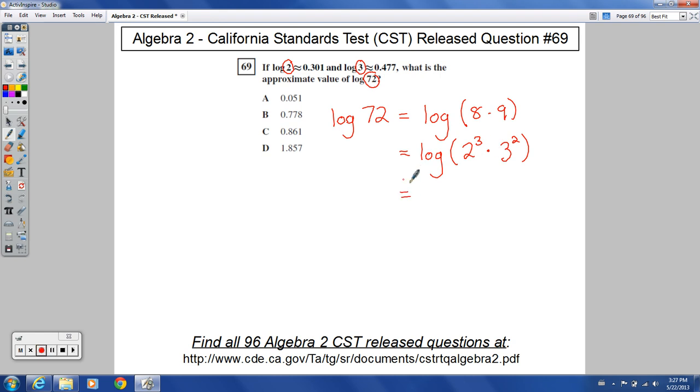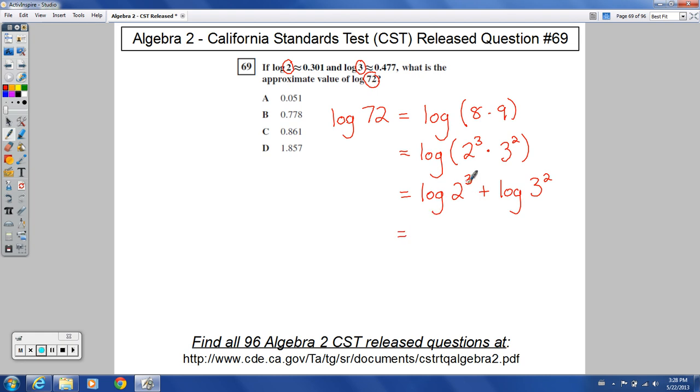From there, we're going to use our laws of logarithms where we can take a product and split it up and add those two things together. So log base 10, remember it's not there, so we think log base 10, of 2 to the third, plus log base 10 of 3 squared. Purposely not writing the base 10 because we need to be used to seeing it there, considering it as an invisible 10 if nothing's written there.